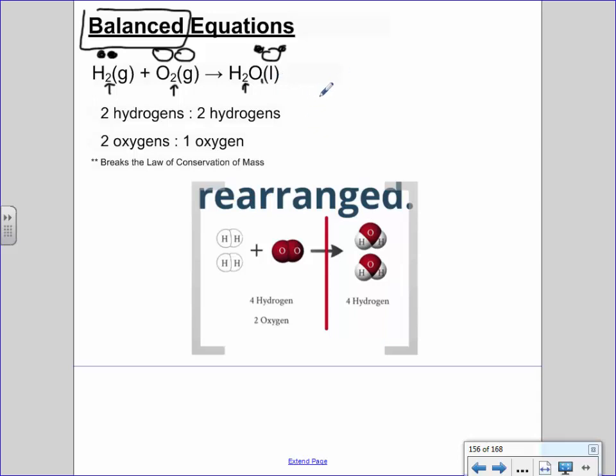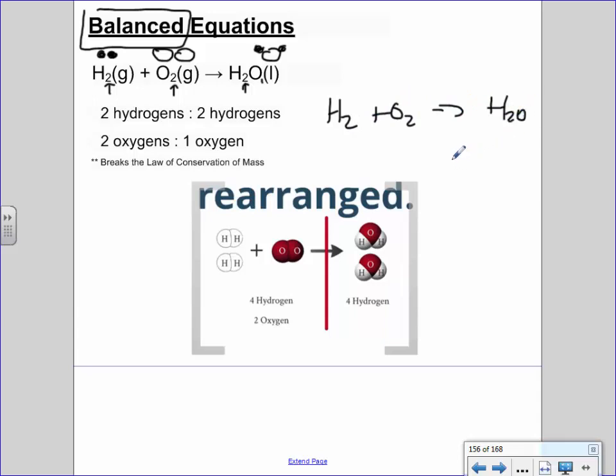Here's the problem, though. We have broken the law of conservation of mass because there were 2 of these to start, and there's only 1 to finish. See how there's 2 of these guys right here, but only 1 to finish. According to this, we have a huge issue because mass was not conserved. So when we write a chemical equation, here's what we would actually do. We would write it like this. H2 plus O2 goes to H2O.